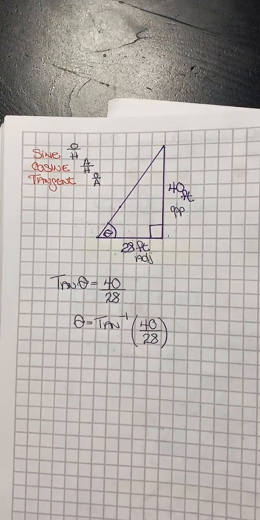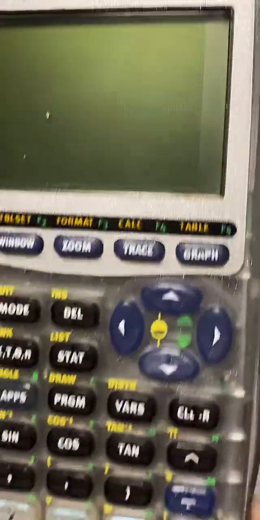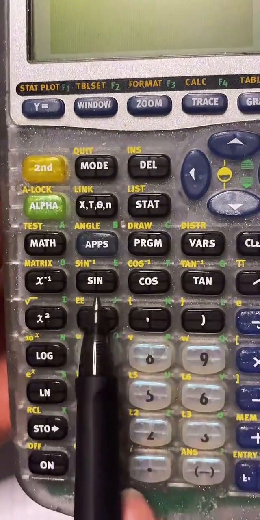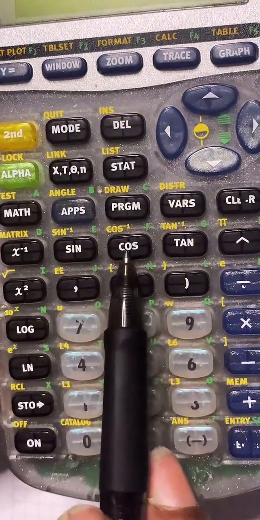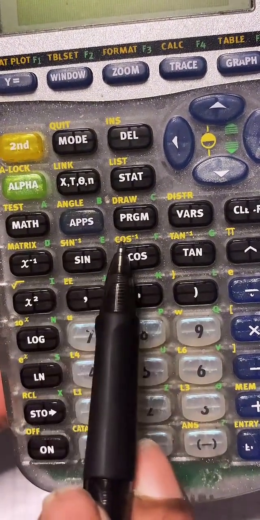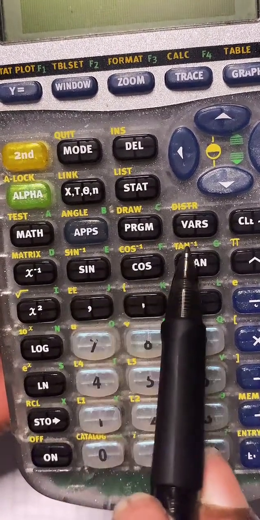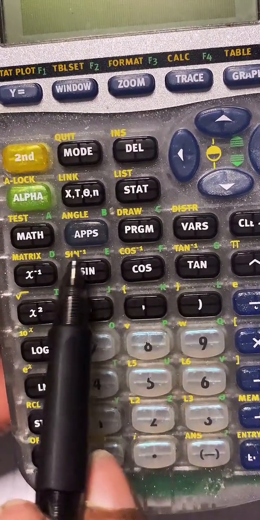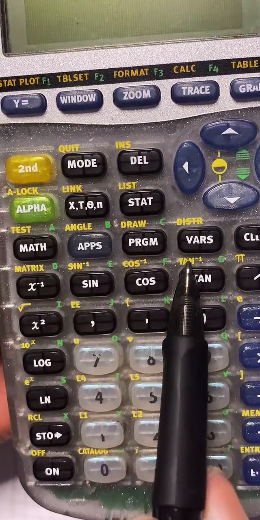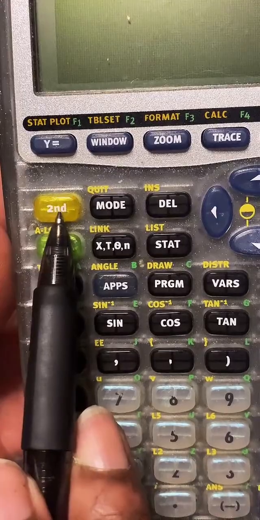So on your calculator, if you notice where you have sine, cosine, and tangent, above for me in yellow are those inverse signs. The only way I can get my yellow options is if I hit the second button.